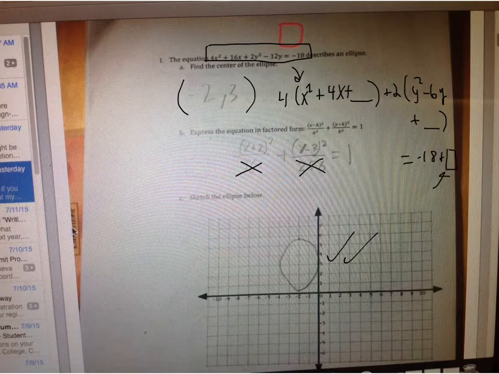plus, and then we just need to make sure that what we're adding here is equivalent to the values that we added here and here.